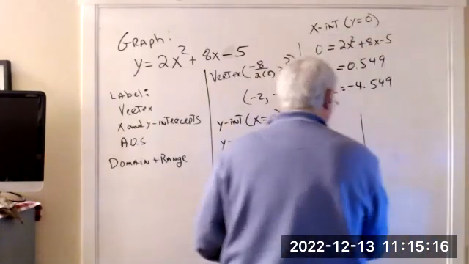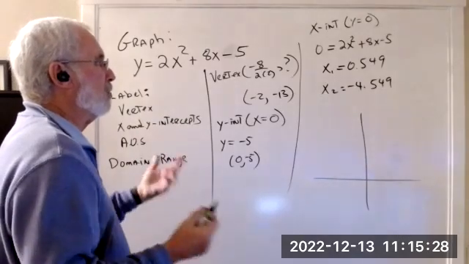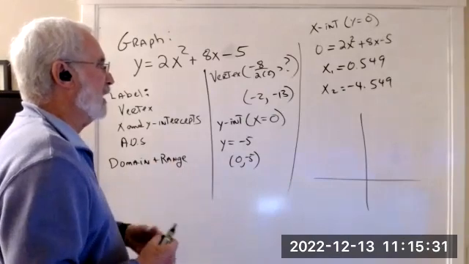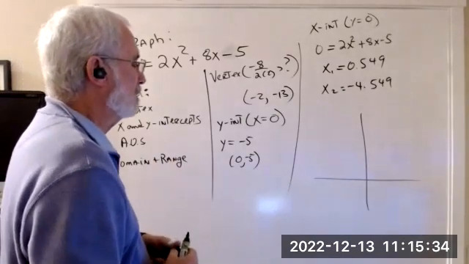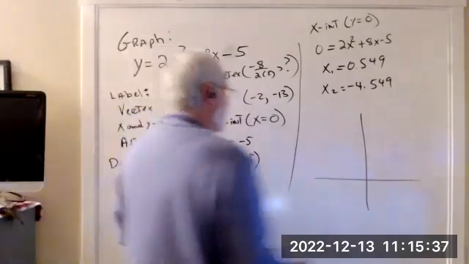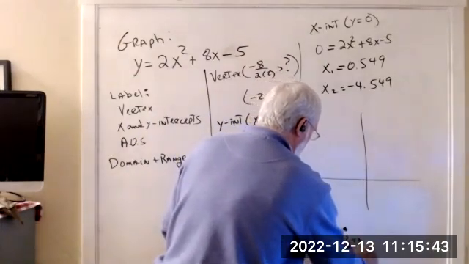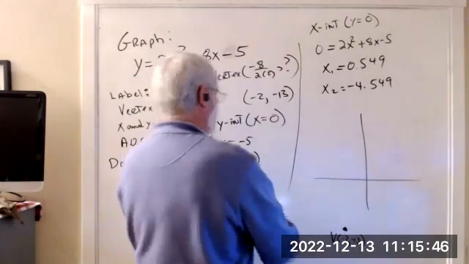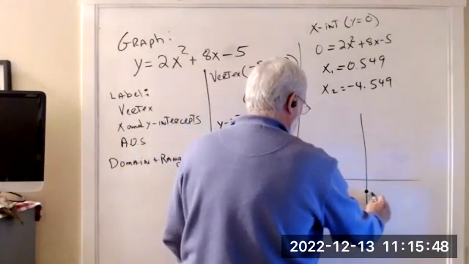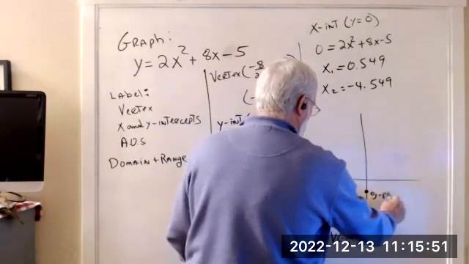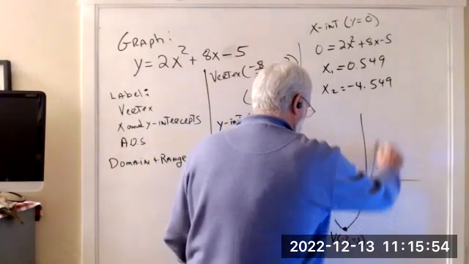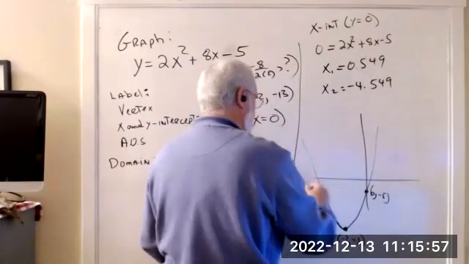Okay. So let's graph the sucker. Oh, so that's what that means. So should I just put it like that, because I just rounded it up? Well, it depends. No, 0.5 and negative 4.5 is fine. So my vertex is negative 2, negative 13. My y-intercept is negative 5. So it's going to look something like this.